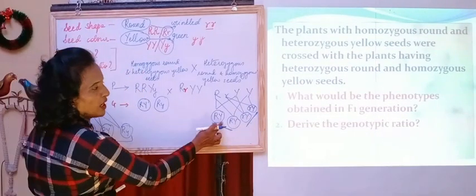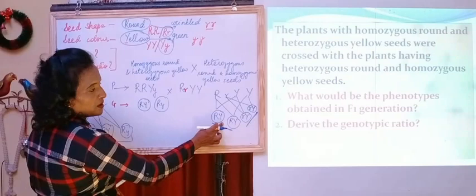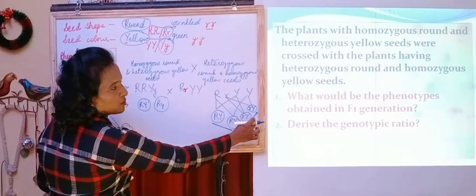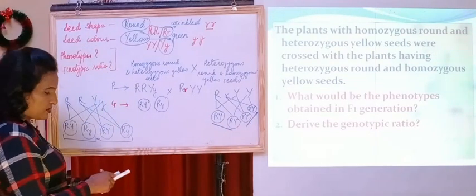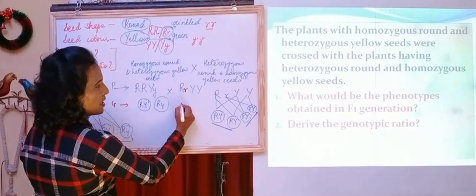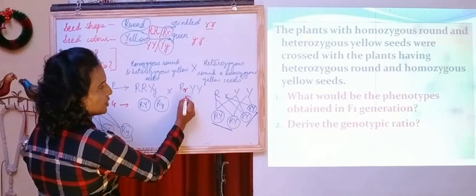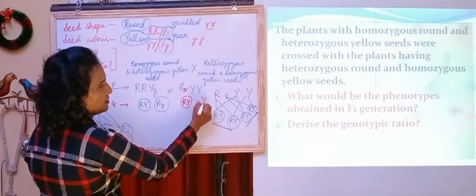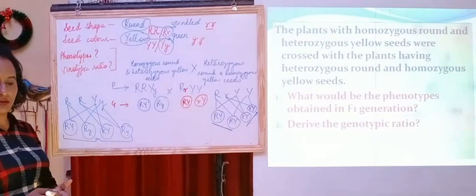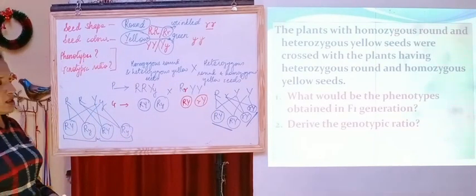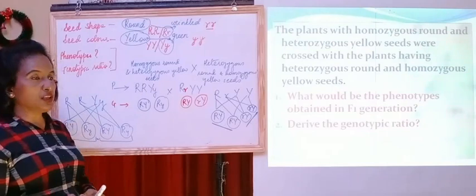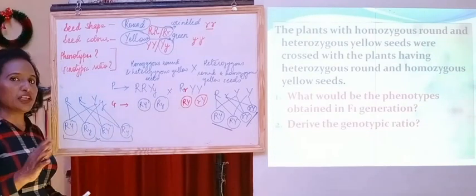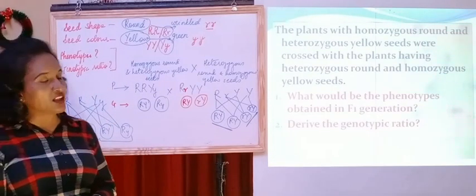So I will take one gamete from these and one from the other. Okay. So the gametes of this plant will be capital R, capital Y, small r, capital Y. Right? Okay. So these similar gametes we should take. So accordingly now the Punnett square will be prepared. So we'll see on the screen.